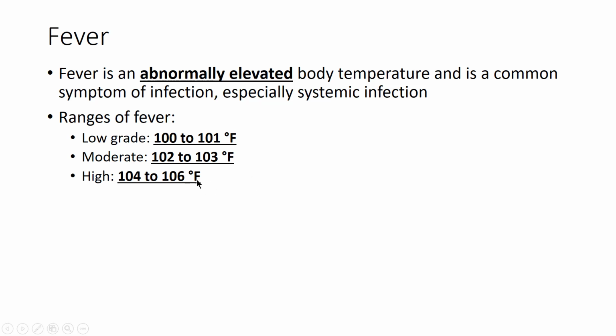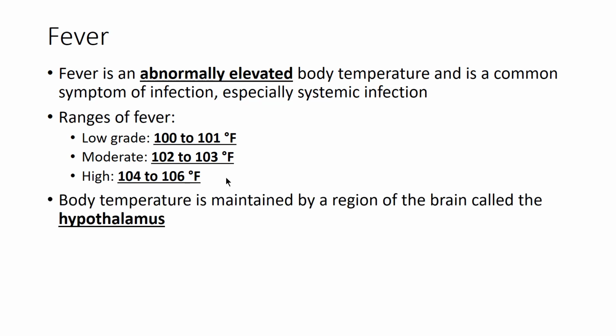We don't really like to see high-grade fever, especially for long periods of time, because that can damage the body, especially causing brain damage and nerve damage in particular. Interestingly, the body's temperature is a consequence of its overall level of metabolism, and that is essentially set by a part of the brain called the hypothalamus, which does other things as well. It's one of the main hormonal centers in the brain.